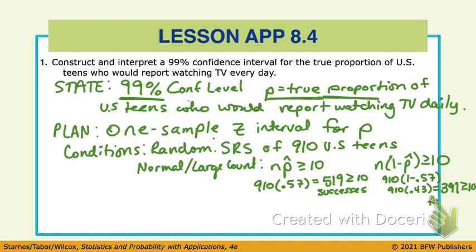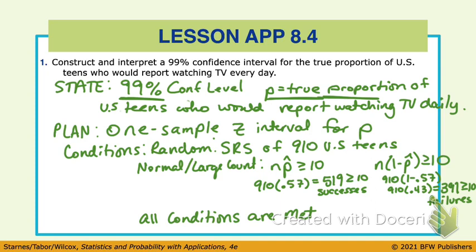That is greater than or equal to 10. By the way, that's the number of failures. Basically, that's the number of teens that are not watching TV every day. And success is 519. That's the number that are watching TV every day. Seems kind of backwards, but that's what it is. So now we can say all conditions are met.